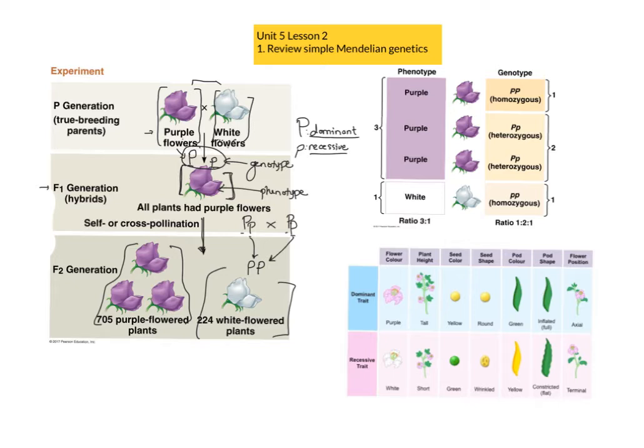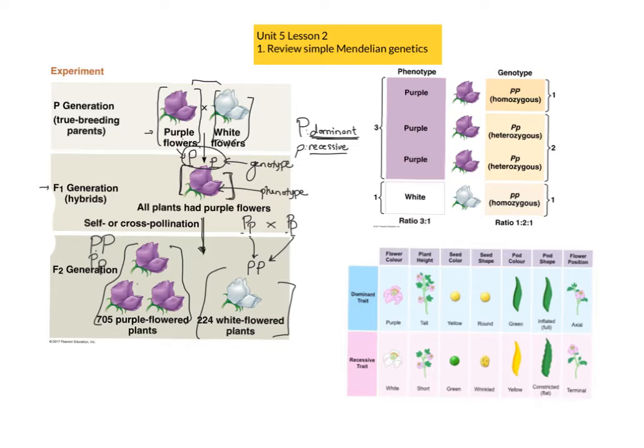These purple flower plants, they can either be what we call homozygous dominant, or uppercase P, or like we saw in the F1 generation, they can be heterozygous. And they have different genotypes, but they have the same phenotype because, again, that dominant heritable factor or dominant allele is what shows up as the phenotype.